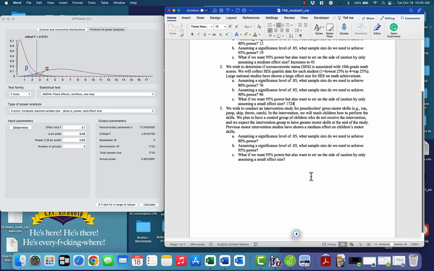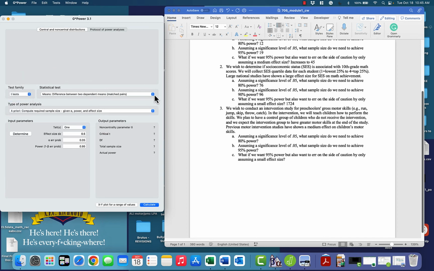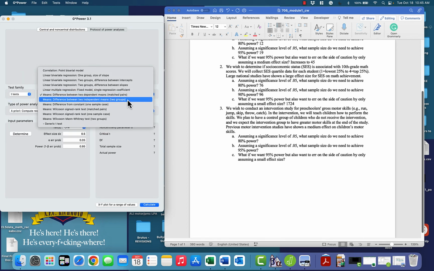All right, so again, we've got this continuous dependent variable of gross motor skills. And now we have 2 groups, a control group and an intervention group. So we go to our test family and we change this to a t-test. And now we have 2 independent groups. They're not matched, they are independent.